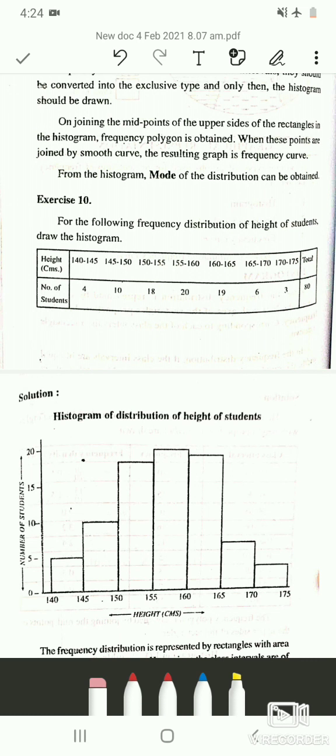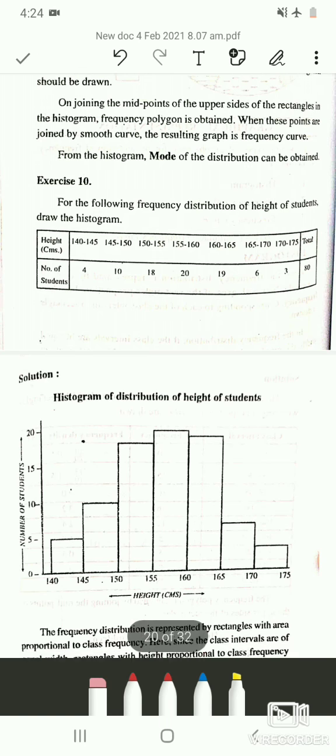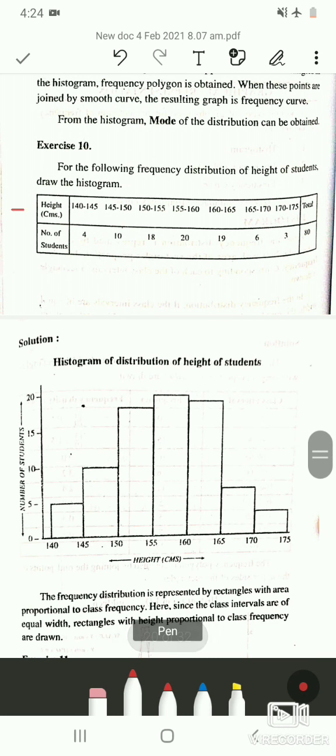So what we have to take is, along the x-axis, heights in centimeters. For 1 centimeter, the difference is 5. So the first line indicates 140, 145, 150, 155, 160 till 175.